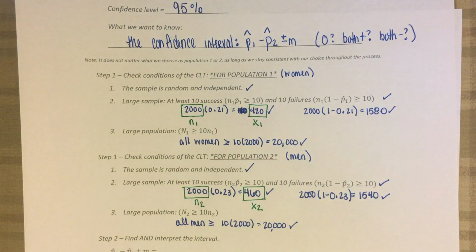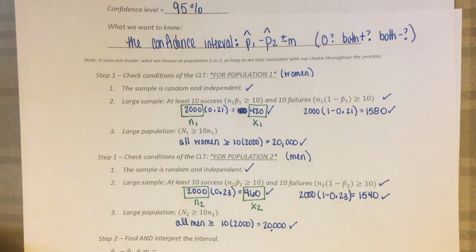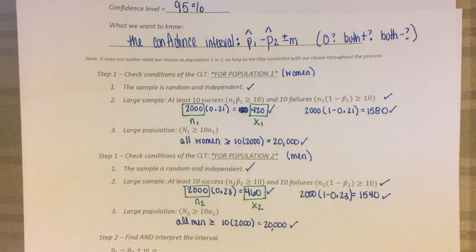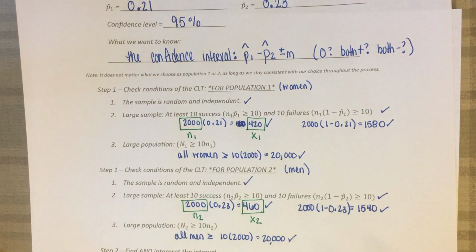So anytime we are looking for our number of successes, we always take our N value times our P value for each individual population. Then we would go into StatCrunch. We would plug in our N1, our X1, our N2, our X2. We would make sure that we selected a confidence level of 95%.